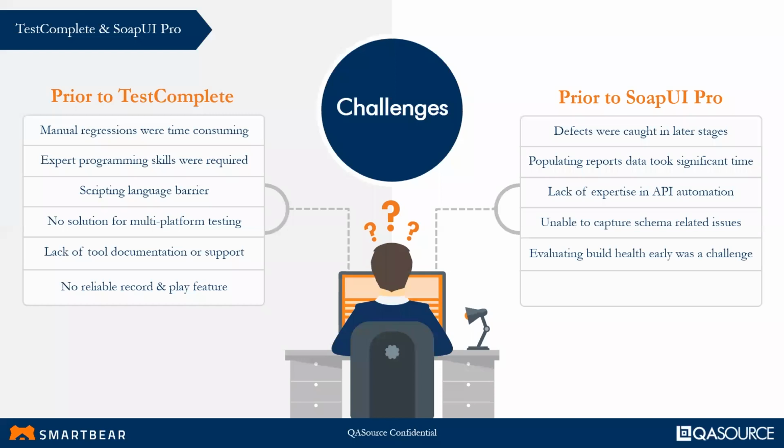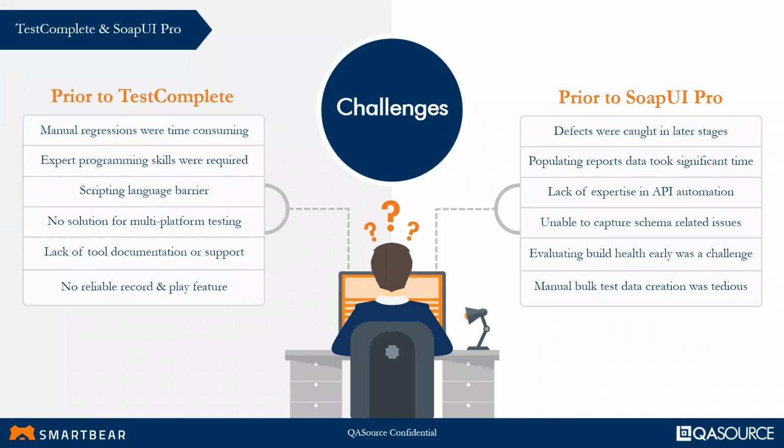Then evaluating build health early was also a challenge because it was very time consuming doing these build health analyses manually. And lastly, uploading test data manually for bulk test requirements like group tests or load tests was a tedious effort.